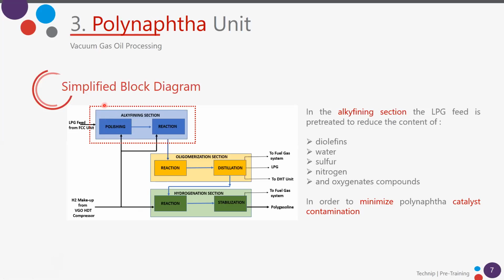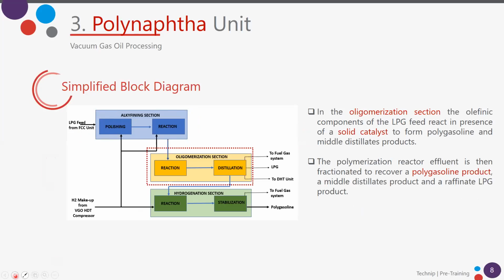In the alkylation section, we will reduce the content of these components of the feed. In the next section, called the oligomerization section, the olefinic components of the LPG feed react in the presence of a solid catalyst to form the polygasoline and the middle distillate products.